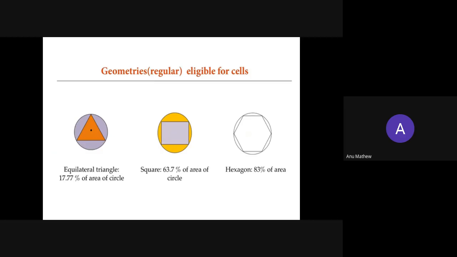If we select square shape, only 63.7% of area is covered. Here also the interference will be there. If we select the hexagon shape, 83% of area is covered. When compared to these two shapes, this hexagon shape will cover more area by the antenna. Also, the interfering area is low in hexagonal shape.